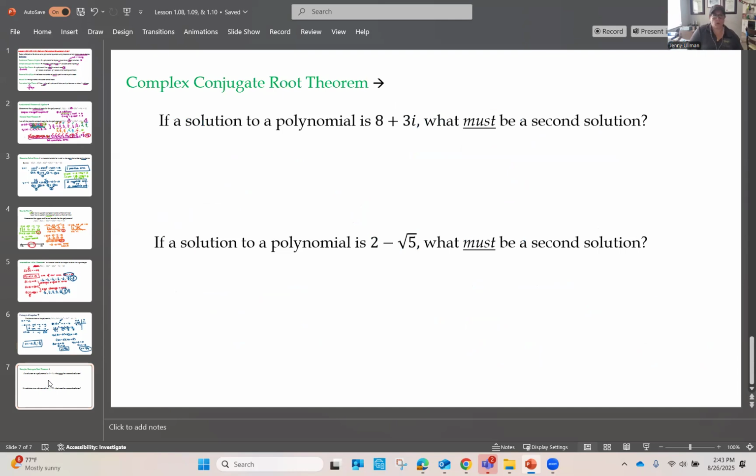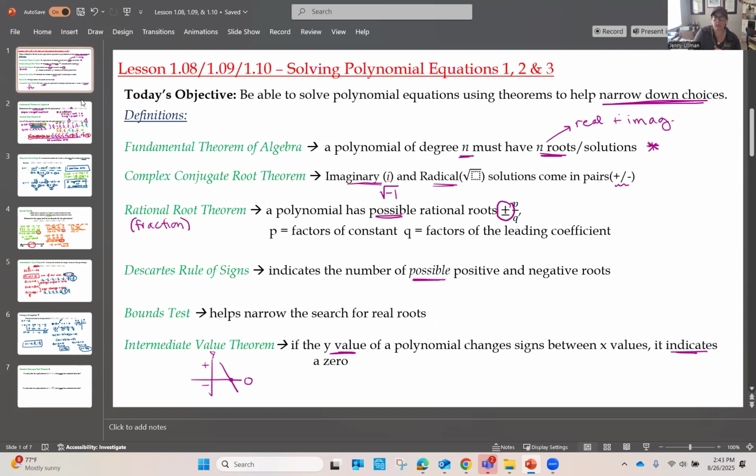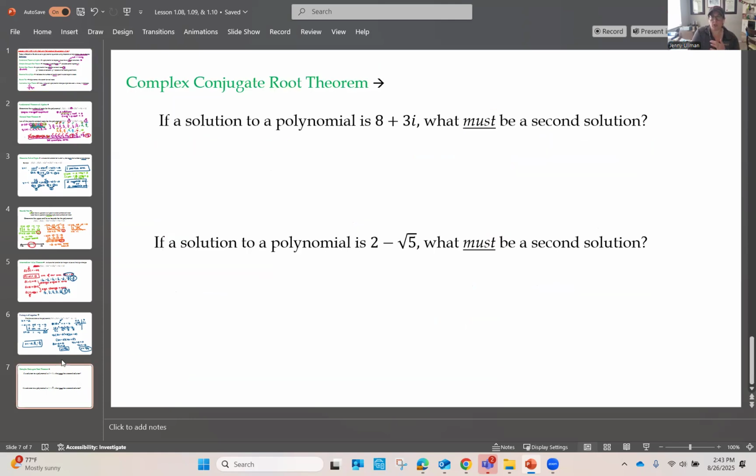Okay, so let's take a look at one last thing here, which I didn't briefly mention, but we have our complex conjugate root theorem. So I'll jump way back to the beginning. So remember, our complex conjugate root theorem says that imaginaries and radicals come in pairs. They always have a positive and a negative version.